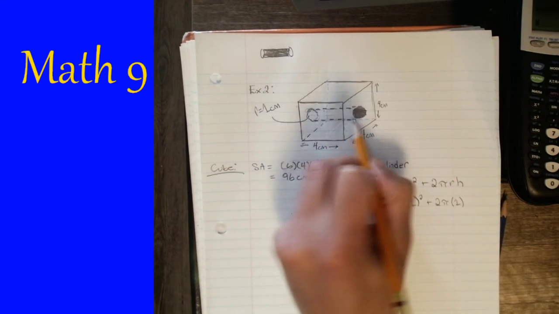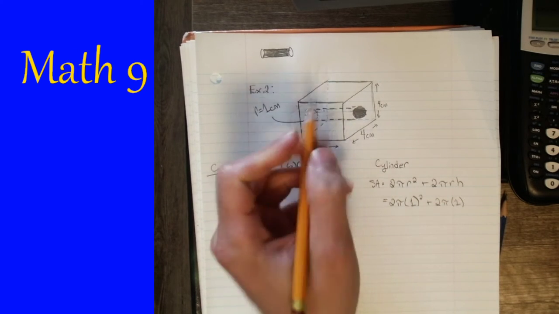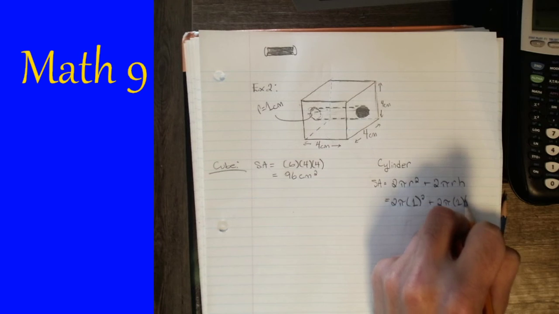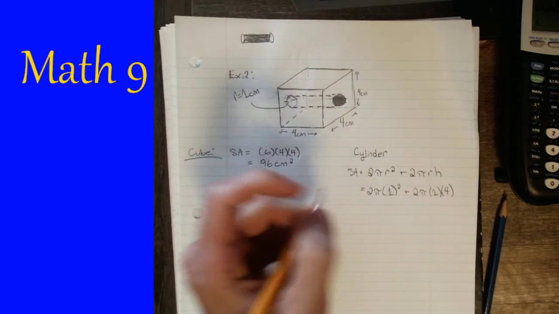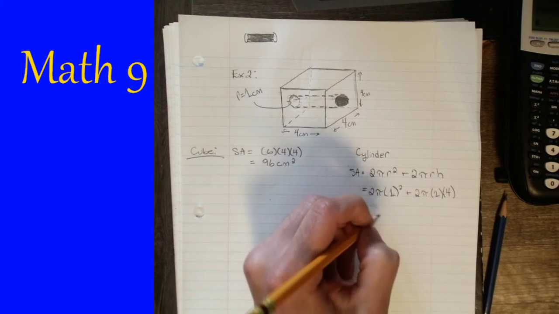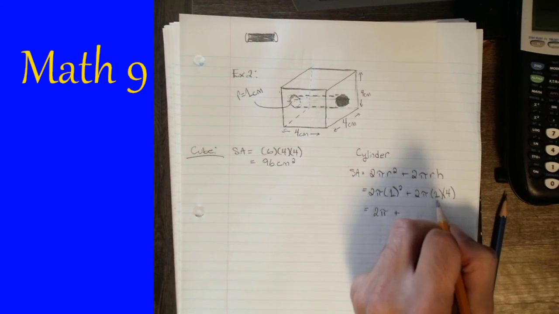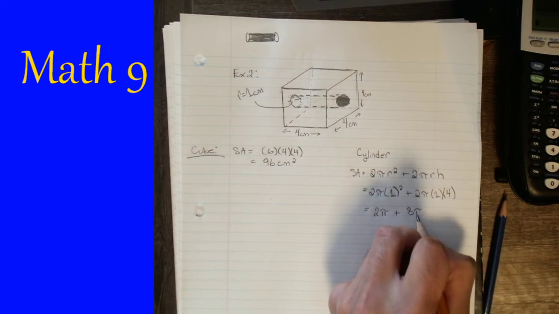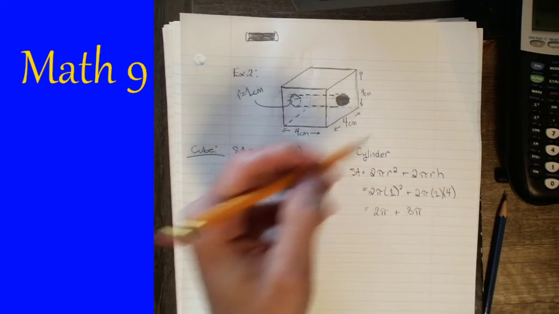And then the height is going to be this length of the cylinder, if you will. We'll put that in as 4 centimeters as it spans the whole cube. Then we'll evaluate all this. So 1 squared is just 1. So we have 2 pi multiplied by 1 plus this boils down to be 8 pi. Okay. So that's the surface area of the cylinder.